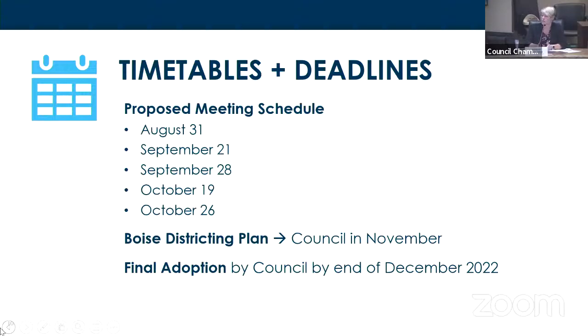And then on the 26th, if all goes well, you will deliberate and determine which map you will approve as a commission. That then, as I mentioned, goes to the city council for approval. And our plan is to have it adopted by their last meeting in December, and they have 3 readings. So we'll want to get that to them in November, and they will adopt by the end of the year so that folks in the city have time to see where the new district lines are. And if folks are interested in running, they will know where they fall.